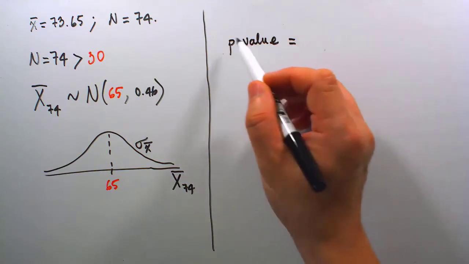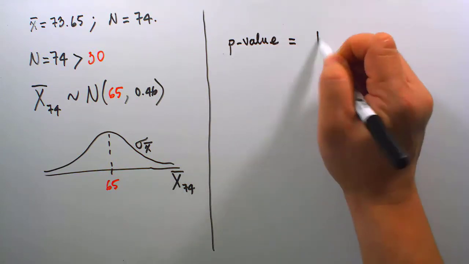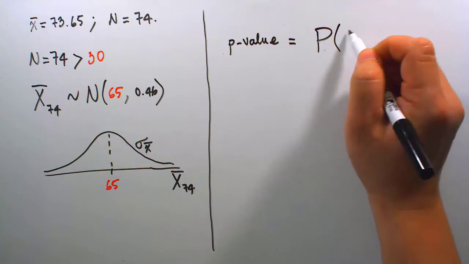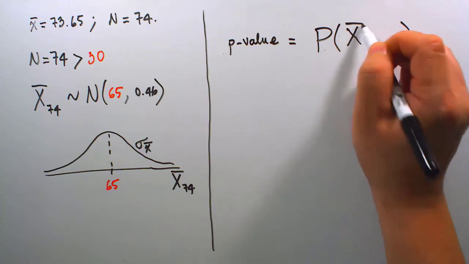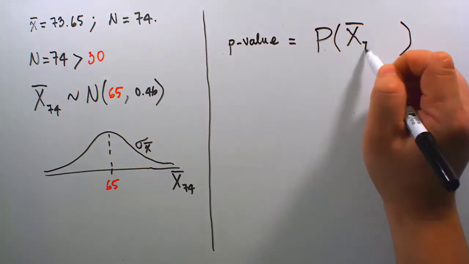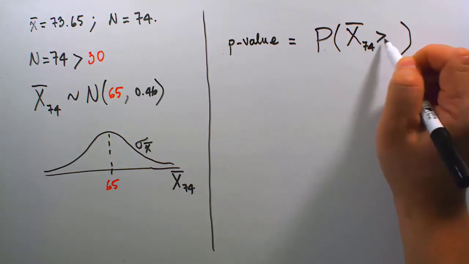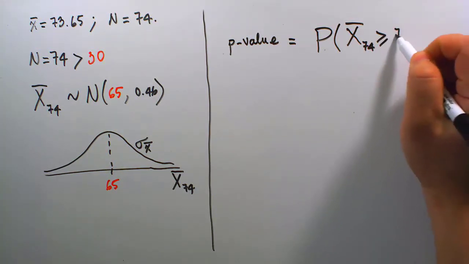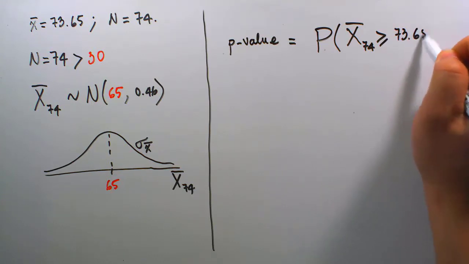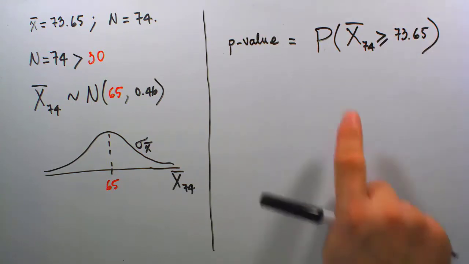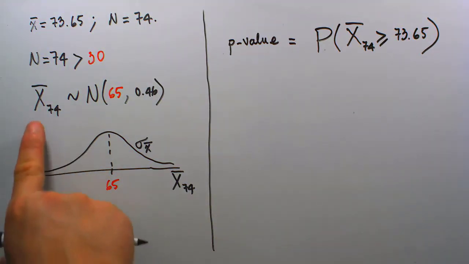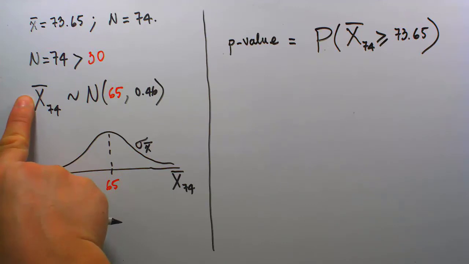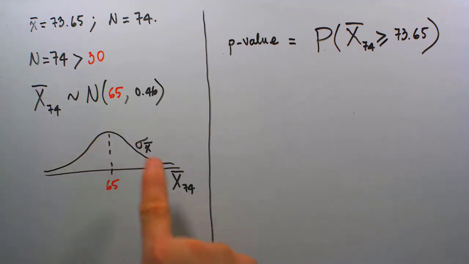When it came down to the calculation of the p-value, the setup was, among all sample mean values, we were looking for a sample mean at size 74 to be greater than or equal to 73.65.